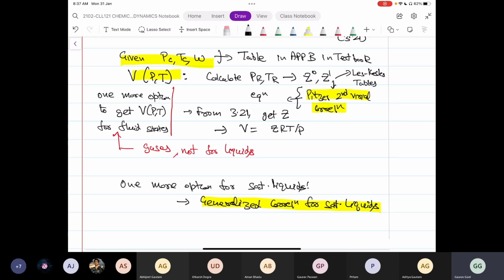For liquids, the role of interactions is much more significant in the liquid state, so the number of options in a way is higher. Some correlations work better for one kind of liquid, others work well for other kinds.